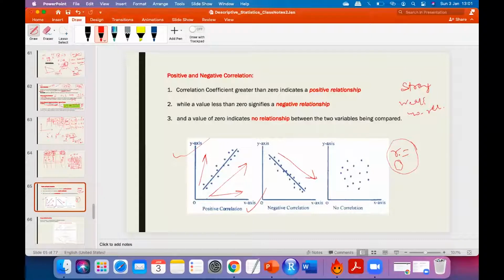Say this variable is distance from Earth, and this is your relative weight, right? If this is increasing, this is decreasing, so this is the type of graph you will have. Correct, so that is a negative relationship. Understood?